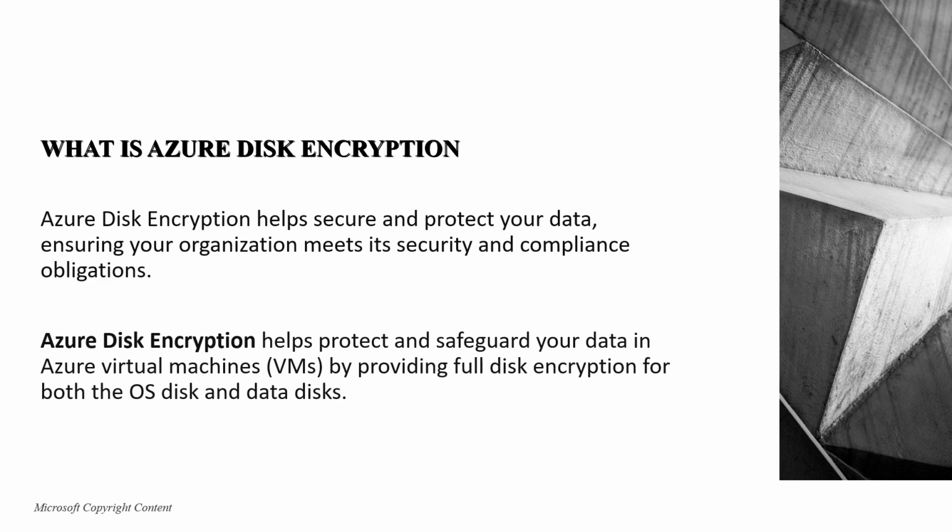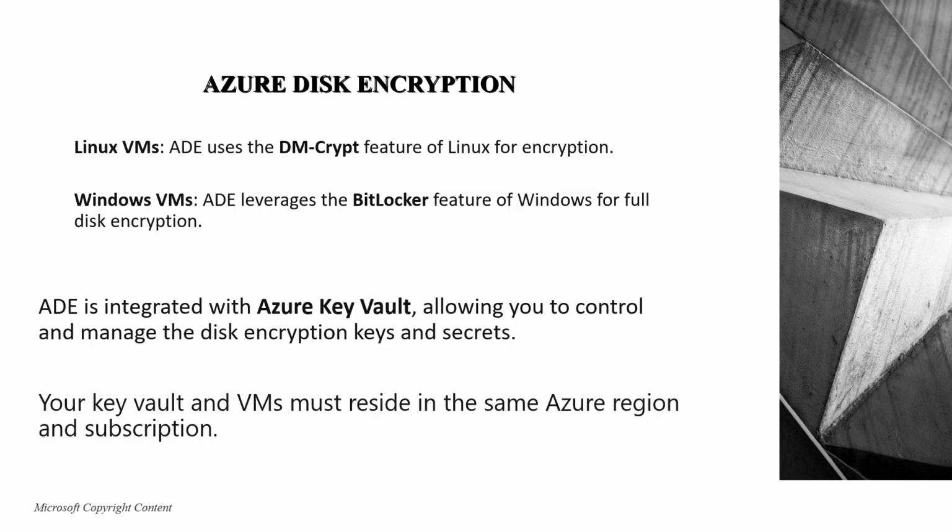Azure Disk Encryption helps protect and safeguard your data in Azure Virtual Machine, which is your VM, by providing full disk encryption for both the OS, which is the operating system disk, and data disks. Now this Azure Disk Encryption can also be applied on Linux VM.